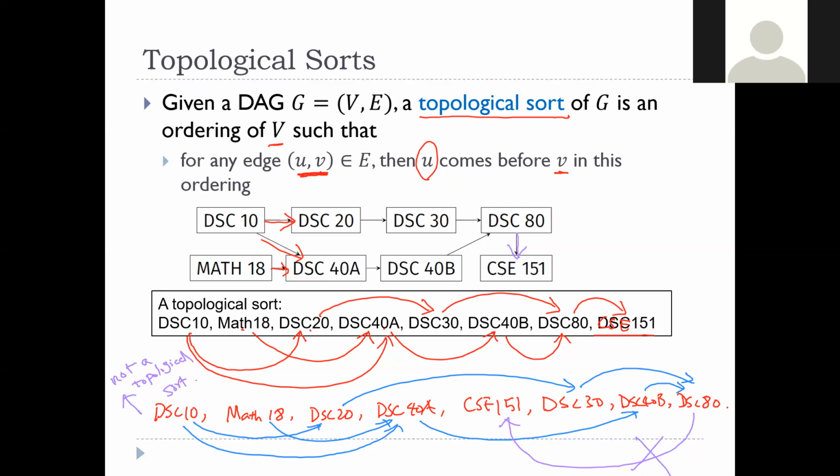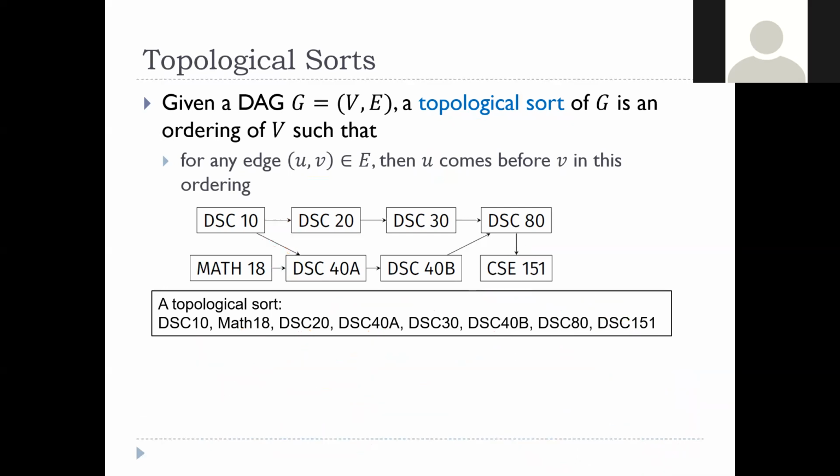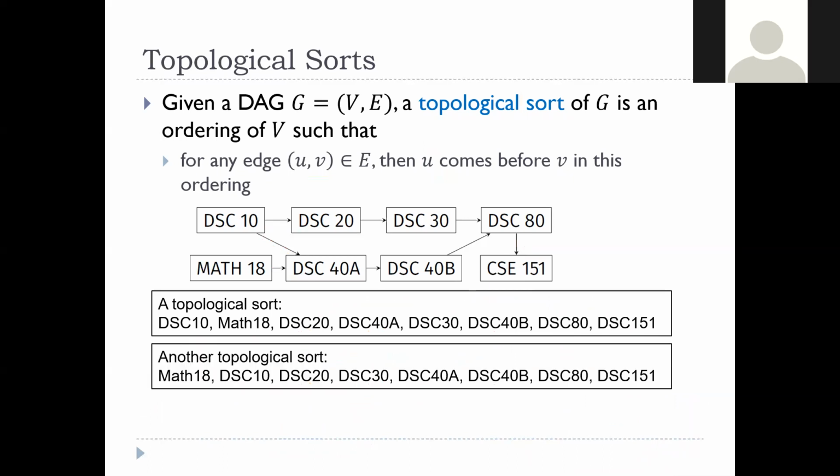Questions? But note that the topological sort in general is not unique. For example, here, this linear order is another topological sort that's consistent with all the edges. By consistent, that means that given any edge UV, U comes earlier in this ordering than V. So both of these are valid topological sorts.